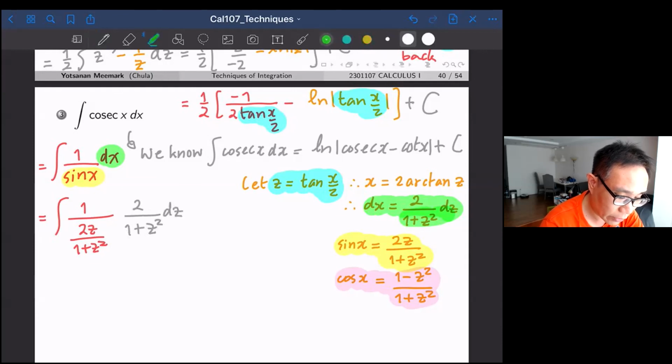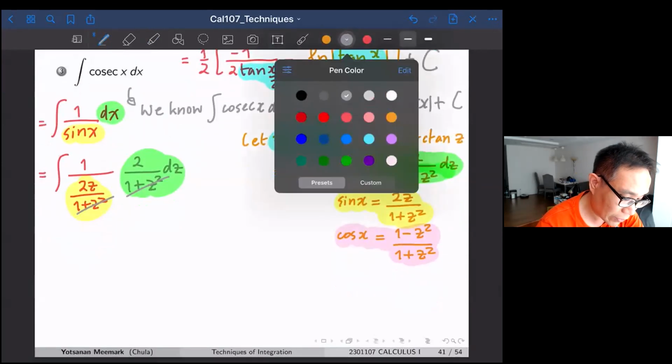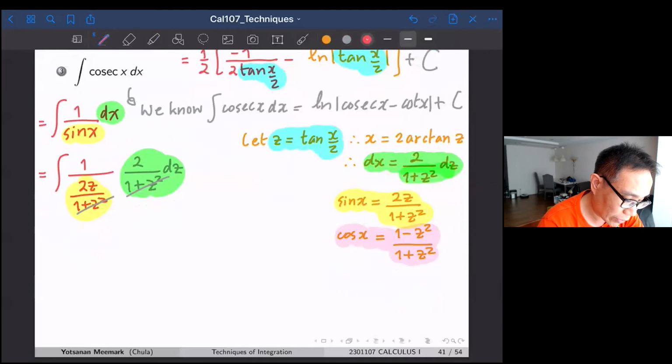So this guy is the green one, and this guy is the yellow one. You multiply these, so you get this guy and this guy. You see that it turns out to be very simple. The 2 cancels with 2, and it turns out to be integrate 1 over z dz.